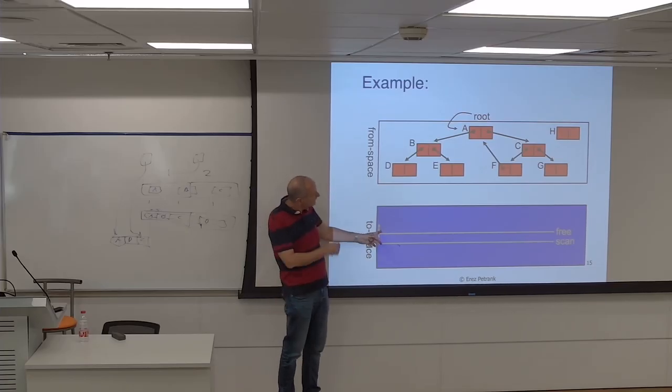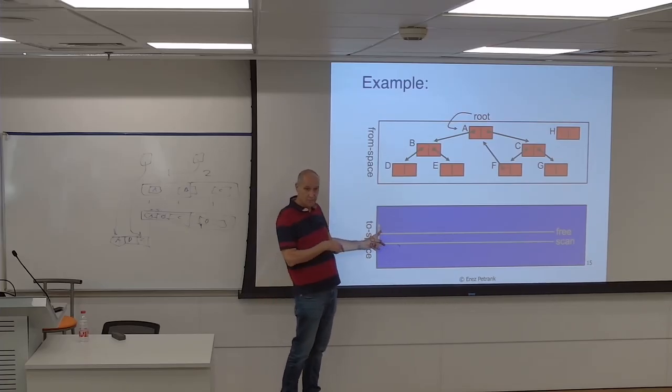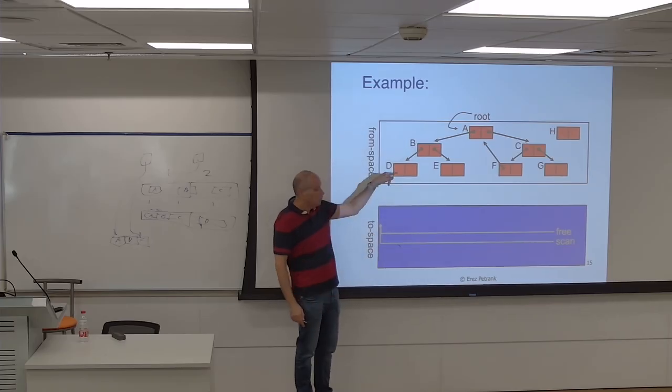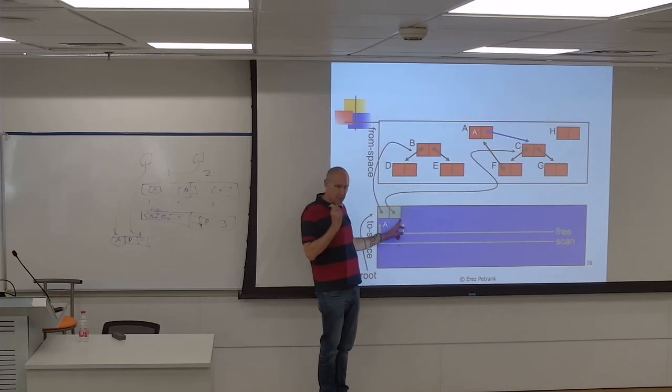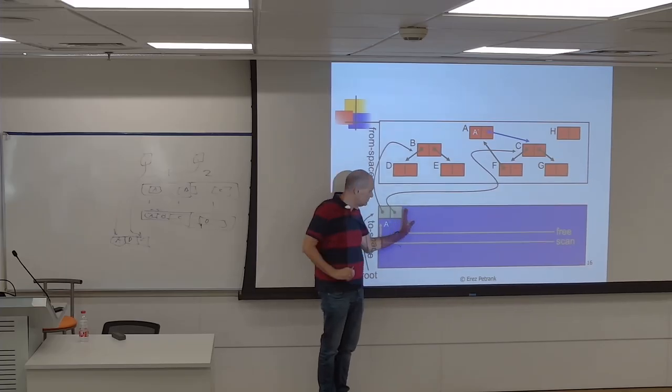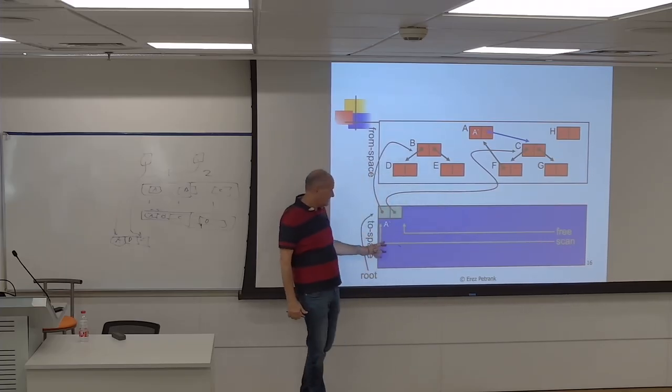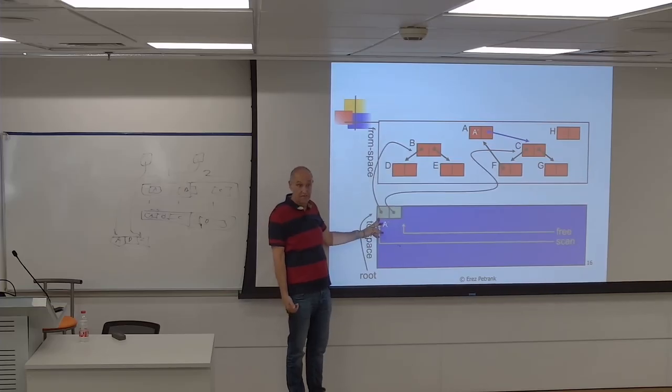Now I take the roots and copy them to space. There's only one object pointed to by the roots. It's A. So I copy A here. The free pointer moves after A, so the free space starts here. And scan is still in the beginning because I have not scanned the pointers that go out of A.